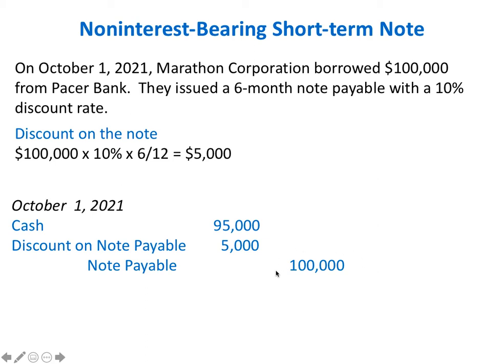It's the maturity value, because in actuality, the principal is only $95,000 and the discount represents the future interest that Marathon will incur on the note. So substantively, this $100,000 is both principal plus interest. We call it the maturity value.